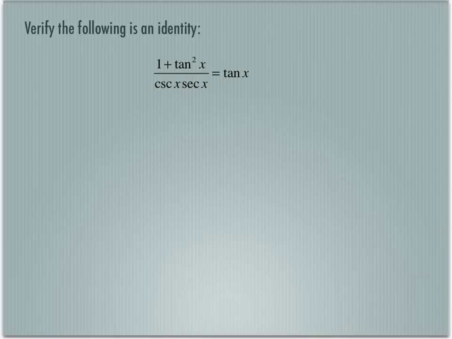You may recall, if you look at our first day of notes on 7.1, that 1 plus tangent squared is actually part of a special identity. In fact, that particular identity is that 1 plus tangent squared equals secant squared. So that's what I'm going to substitute in there right away in place of that 1 plus tangent squared.